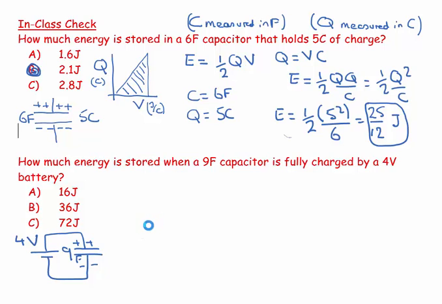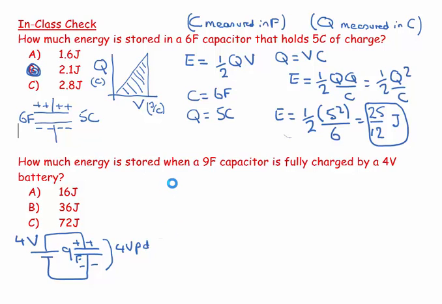I'll draw just two signs on. When this thing is fully charged, the EMF supplied by the battery is dropped as a potential difference across here. So I can have 4 volts potential difference. The EMF in the power supply becomes the potential difference in the circuit. This only has one component, so all 4 volts must be dropped across the capacitor.